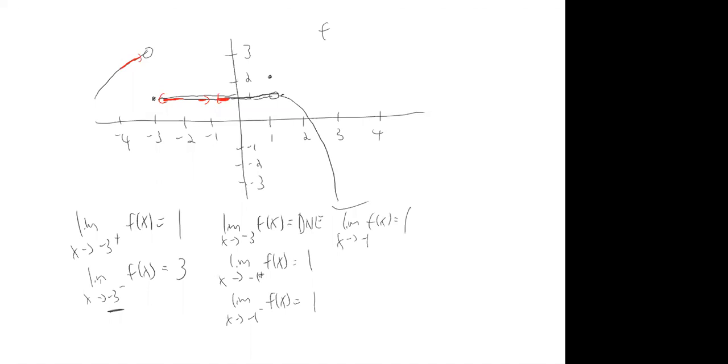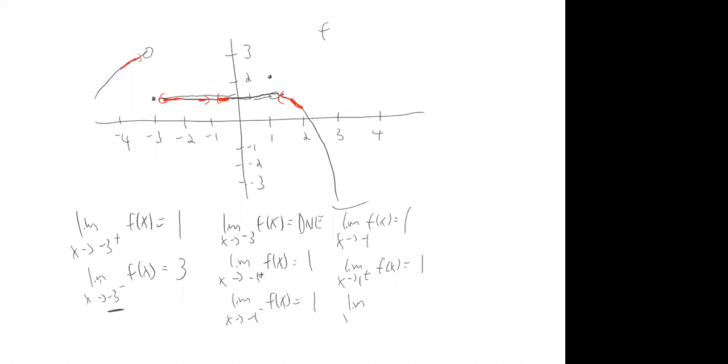So this is the last case you'll probably get on your homework. So limit x goes to 1. What about limit x goes to 1 from the right? Yeah, it's 1, right? So let me put in red. It's going to 1, right?